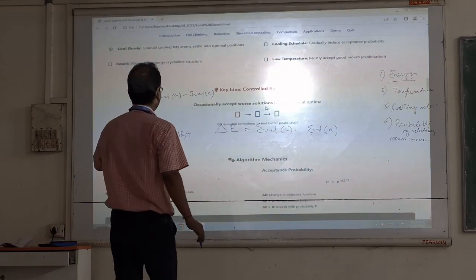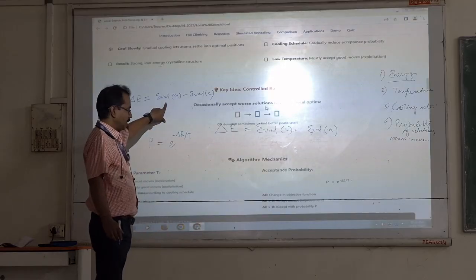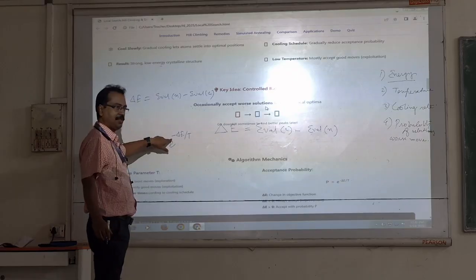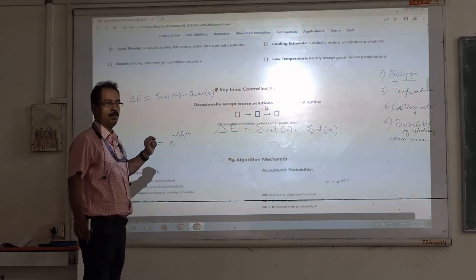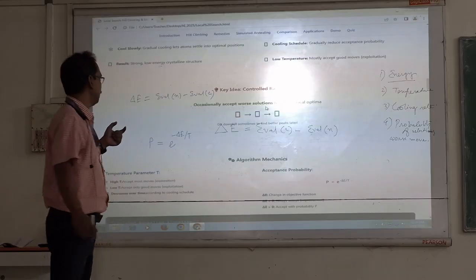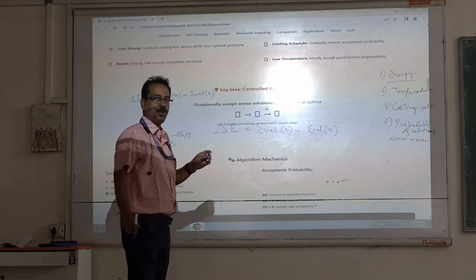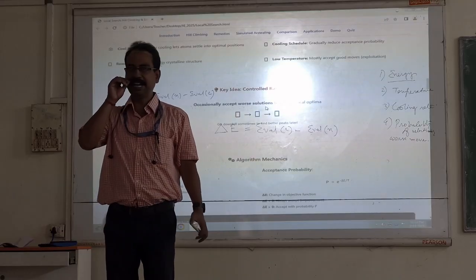So this value here, why I am giving negative, this is a mathematical relation. You can easily understand that the probability value is higher whenever delta E is positive, and whenever delta E is negative, it will be lower. I will give you an example so that will make the idea very clear.